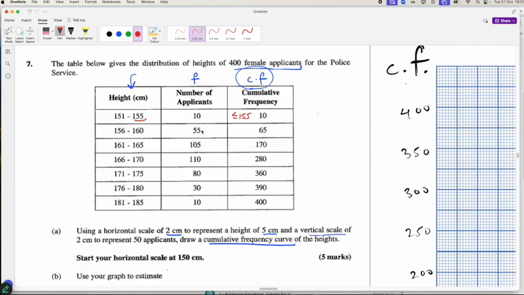And that 10 plus the 55 is 65. So less than or equal to 160, that is 65 people. And this will be less than 165, less than 170, less than 175, less than 180, less than 185.